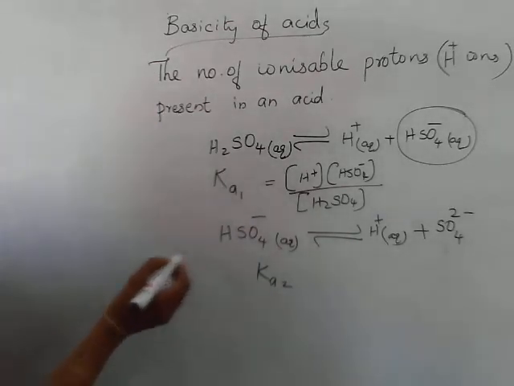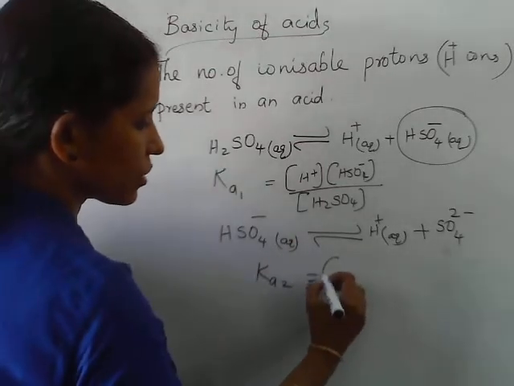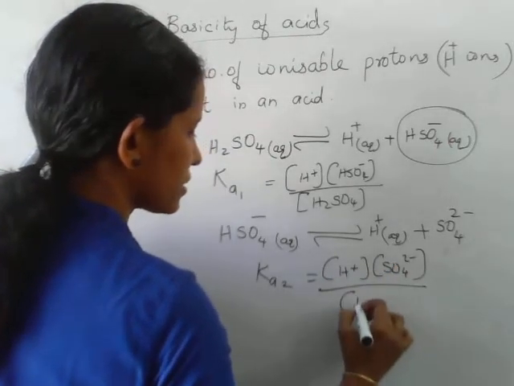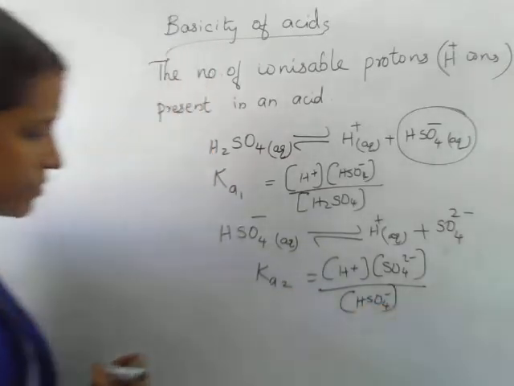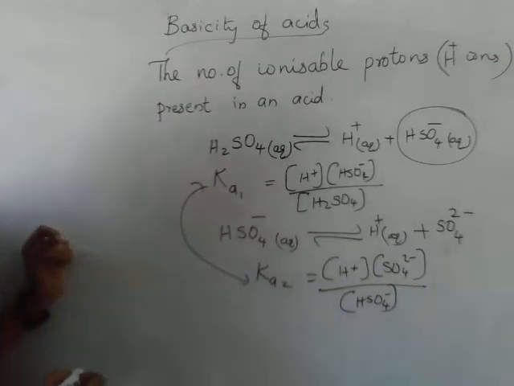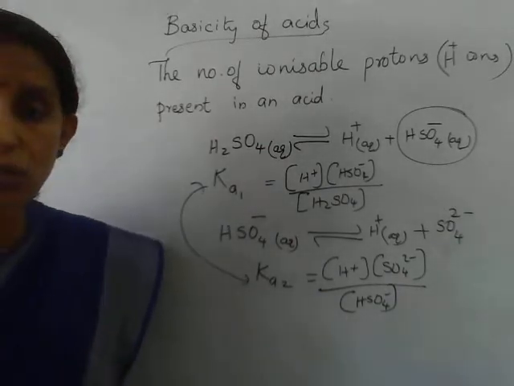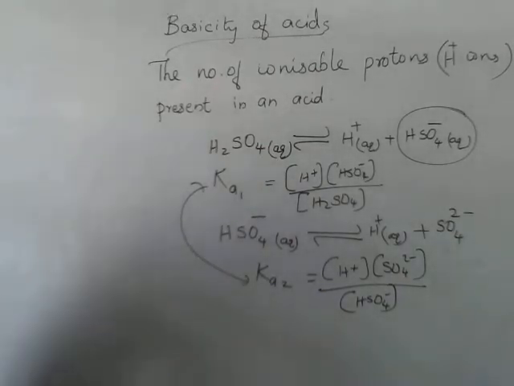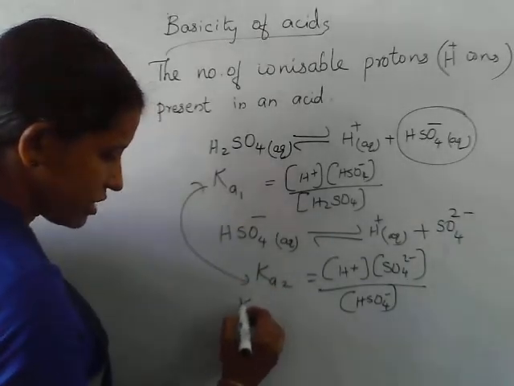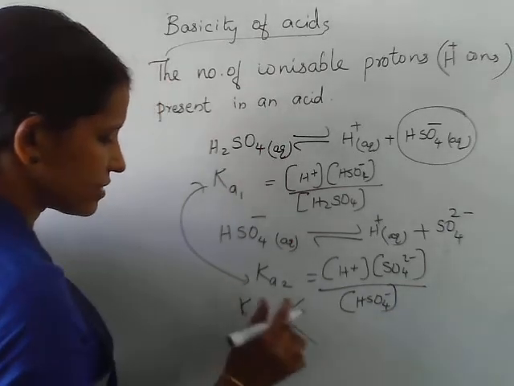Second ionization constant of the acid. Ka2 will be equal to concentration of H plus into concentration of SO4 2 minus divided by concentration of HSO4 minus. When we compare the magnitude of Ka1 and Ka2, we see that the higher order acid dissociation constant, that is Ka2, is always found to be smaller than Ka1.